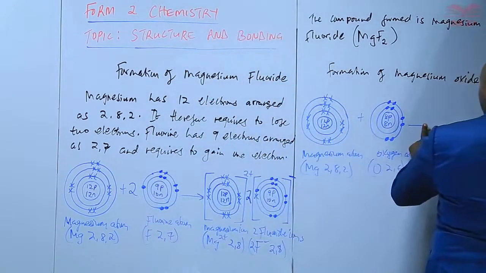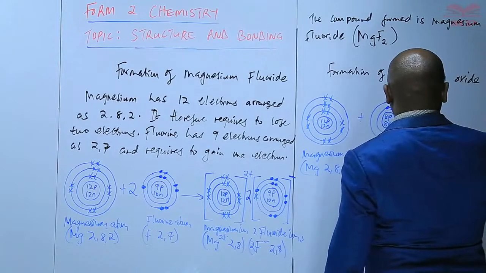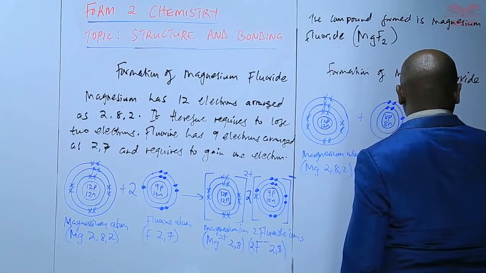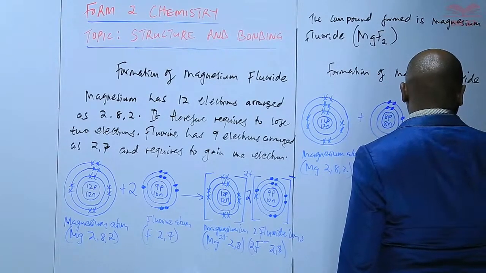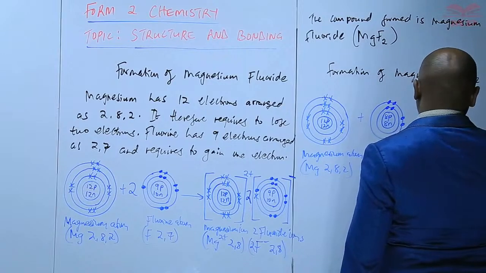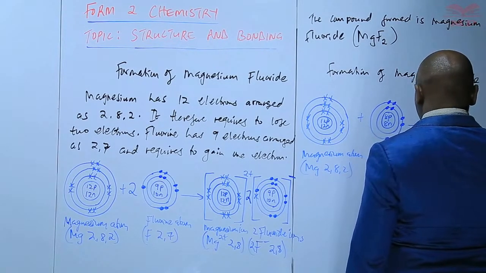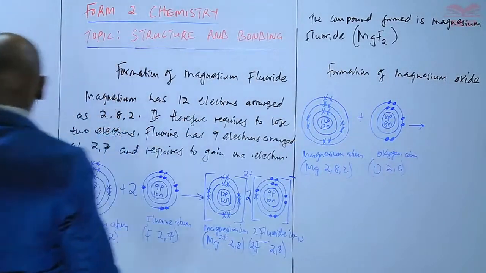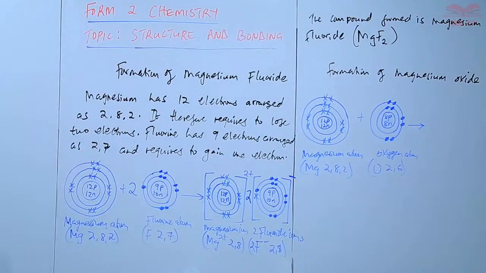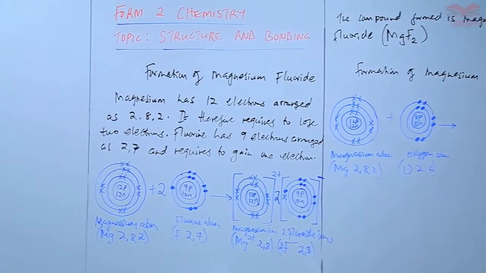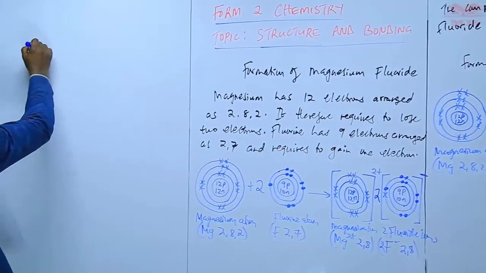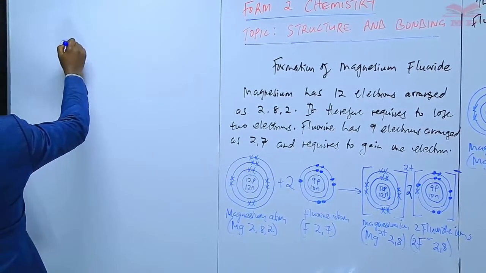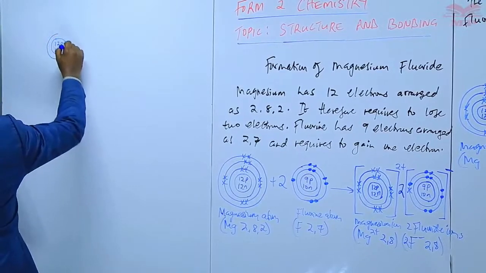So the diagram after that result will not fit here. Let's just make it a continuation. Let's have it here, the product. So we'll have 12P, 12N for magnesium.